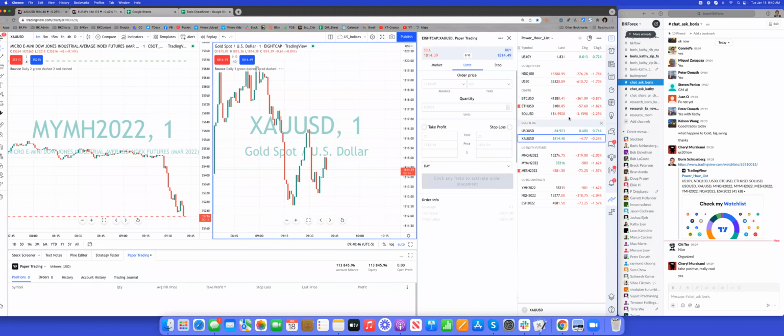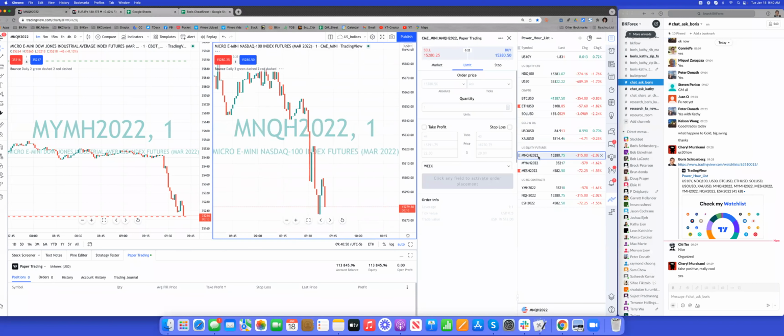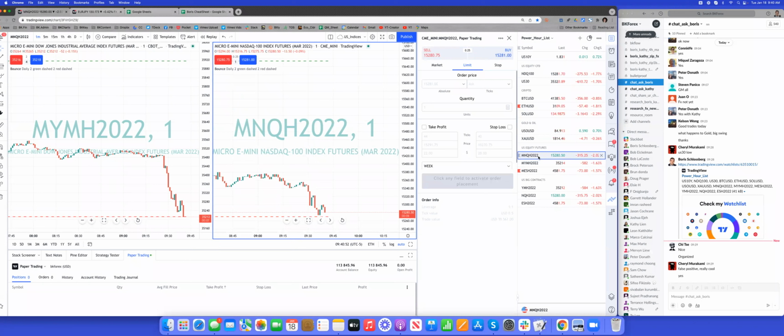Gold is not doing anything. And NASDAQ, our secondary trade, is testing the lows too, but we can't trade NASDAQ until we resolve Dow. That's our risk rules here. So we're going to let the Dow play out.